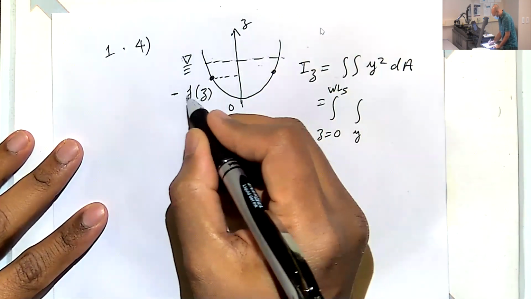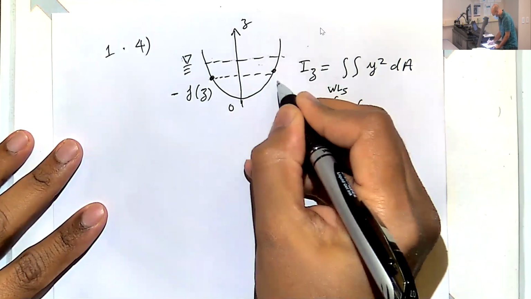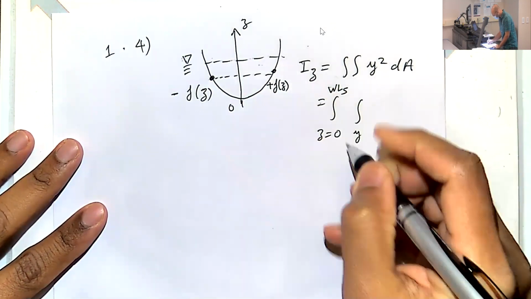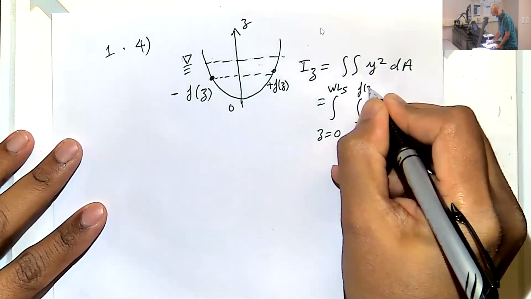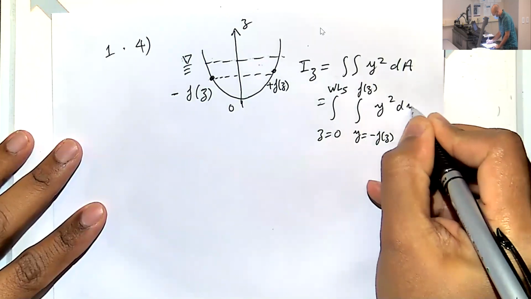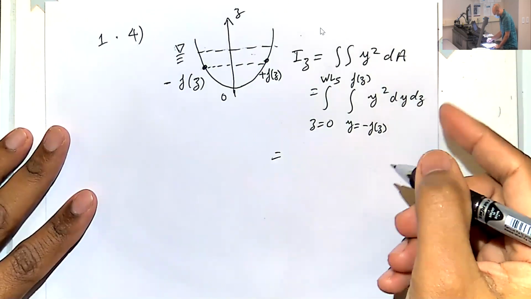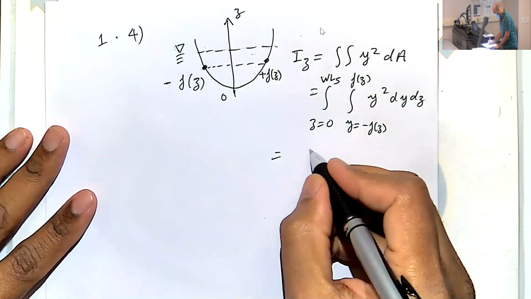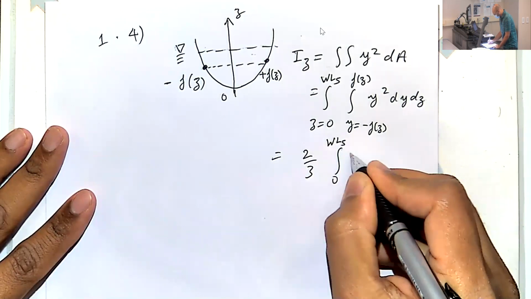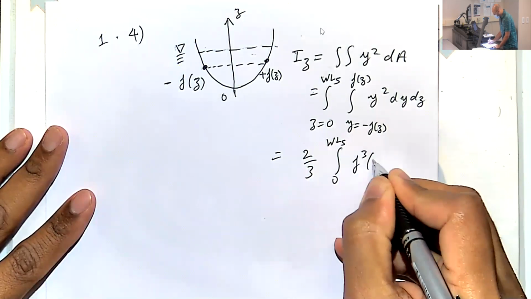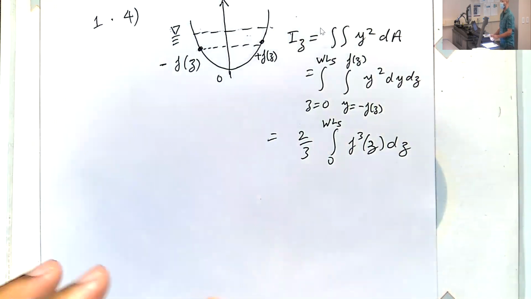So this distance from the center line becomes a function of z, and the other is a positive f of z. So negative f of z to positive f of z, y squared dy dz. When you do all of this, what do you get? 2/3, 0 to waterline 5, f cubed z dz. So this is what you were saying, all right?